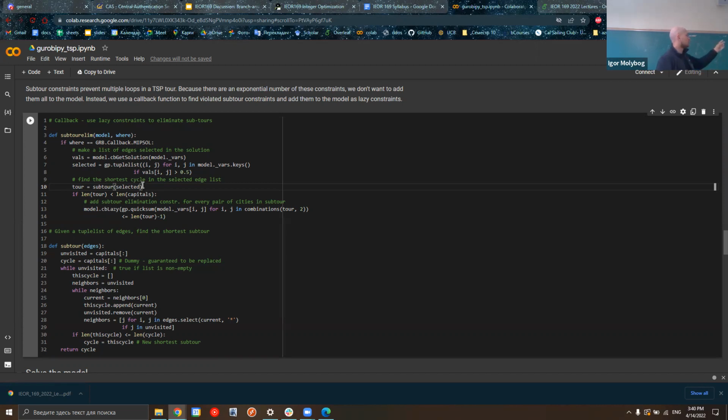And we have written a piece of code that was giving us a linear inequality that is eliminating a solution corresponding to this specific division into subtours.